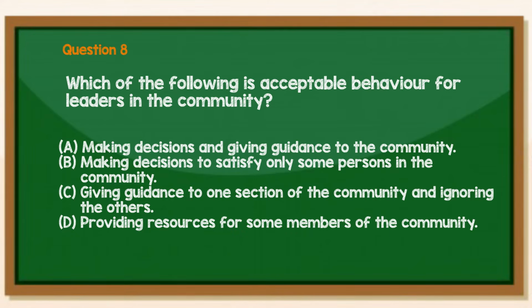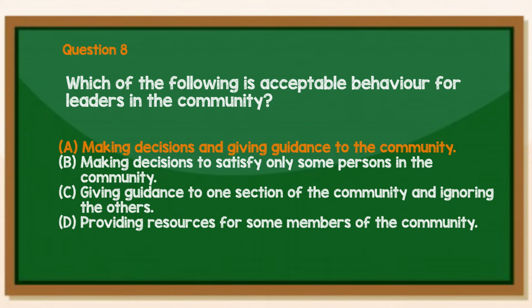Question 8. Which of the following is acceptable behavior for leaders in the community? A. Making decisions and giving guidance to the community. B. Making decisions to satisfy only some persons in the community. C. Giving guidance to one section of the community and ignoring others. And D. Providing resources for some members of the community.